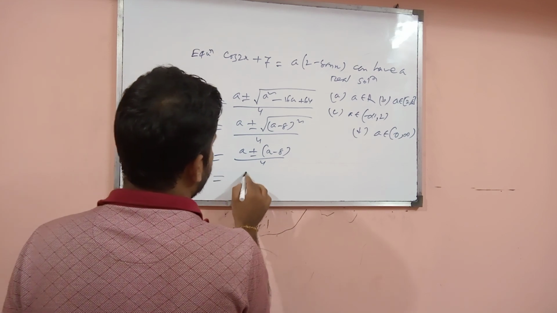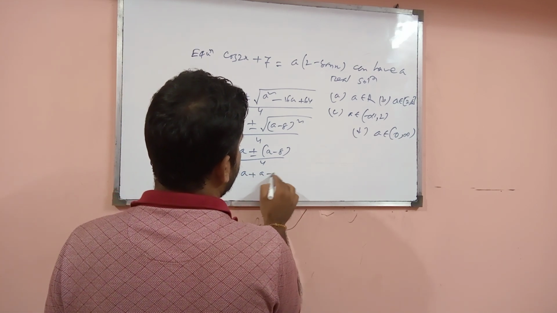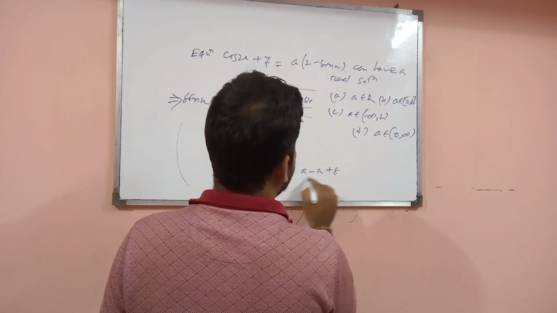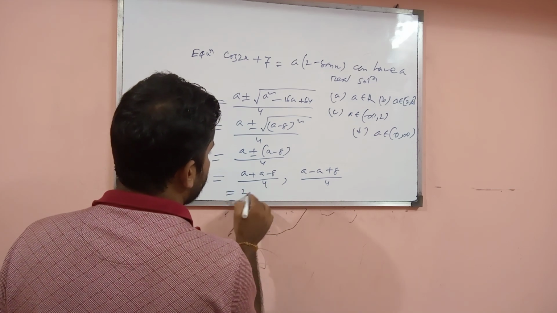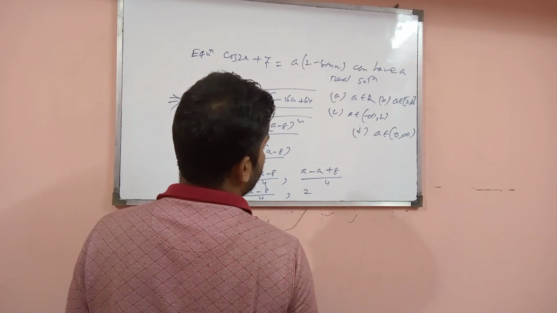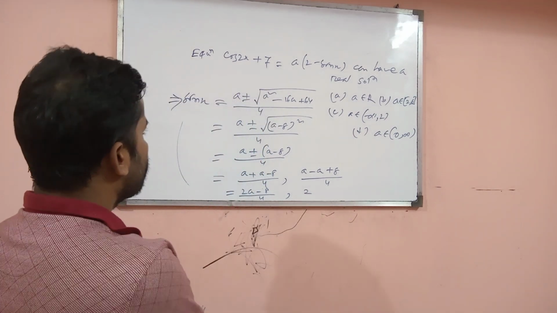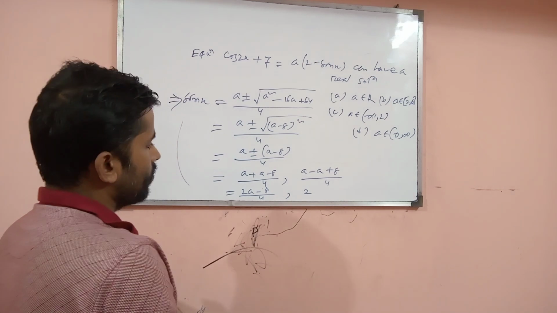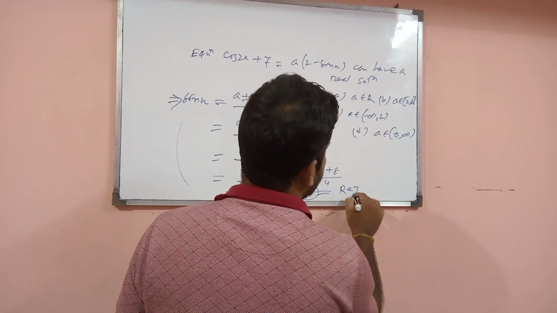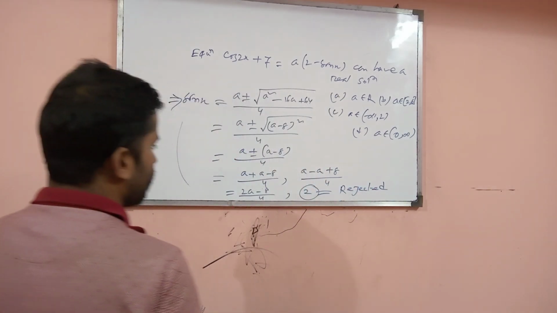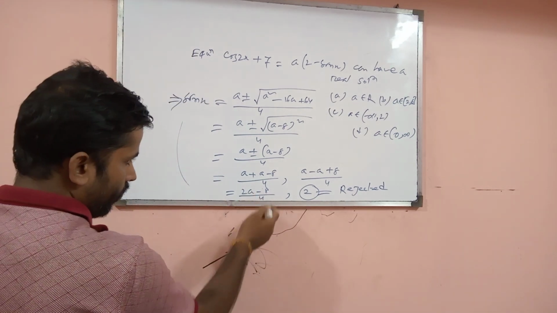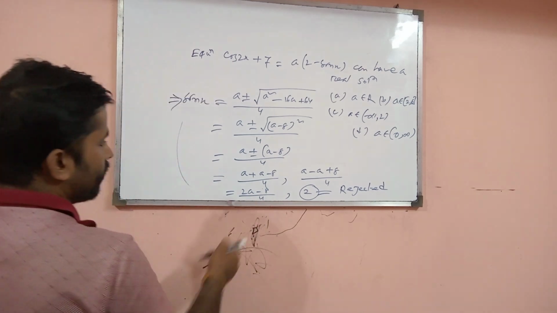So it implies a plus a minus 8 by 4 and a minus a plus 8 by 4. It is twice a minus 8 by 4 and it is 2. Okay, so sin x, as you know, cannot be 2, so it will be rejected. So its value will be twice a minus 8 by 4.